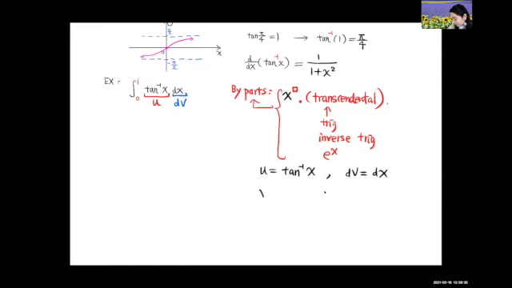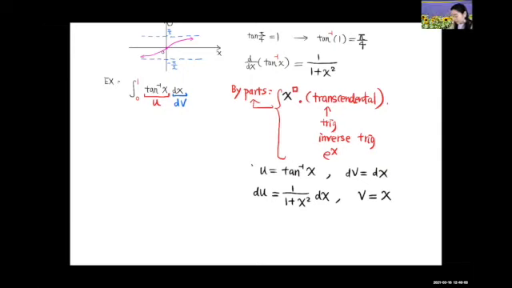So what is du? You just found it here. Remember it here? You just said 1 over 1 plus x squared dx. Yes, you got it. And then v here will be what? What do you get when you integrate? It's just x. Yes, you got it.